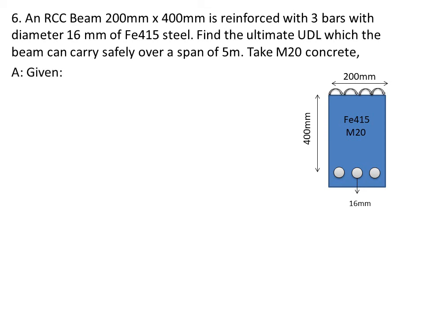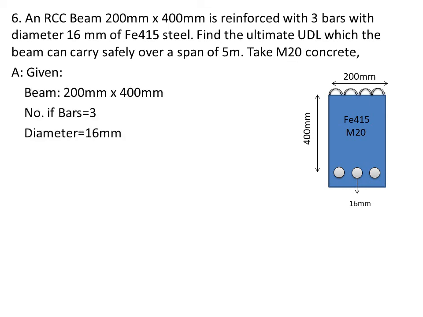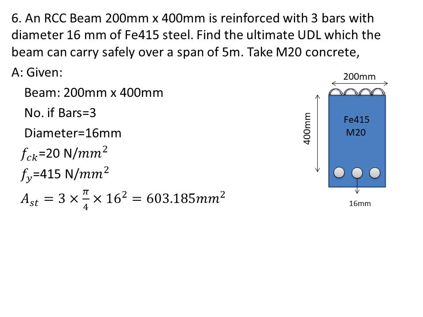Okay, we write the given values: beam section, number of bars 3, diameter 16 mm, fck 20 Newton per mm square, fy 450 Newton per mm square, Ast value we calculated and we get 603.185 mm square. Mu limit is equal to, this is the formula when it's in the case of balanced section, that is when Mu becomes equal to Mu limit.